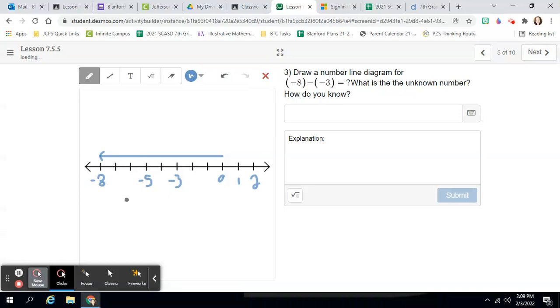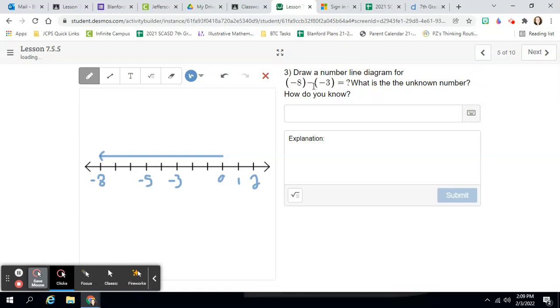So when I did this, I realized that if I make this -8, I have enough to make each one of these go up by 1, right? So -8, -7, -6, -5, -4, -3, and so on. I didn't number each one just because it's kind of hard to fit those numbers in there.